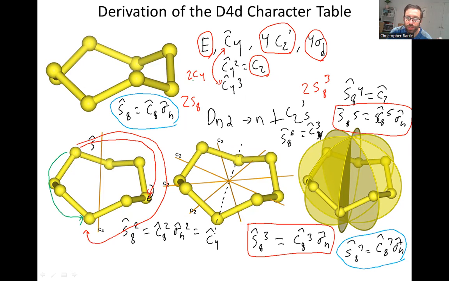So we have 1, 2, 3, 4, 5, 6, 7. And that is the first step to figuring out how to derive a character table. You have to figure out all the symmetry operations, and then group them into classes. From there, we'll continue and start building out our character table. Most of the visualization is in this step here.